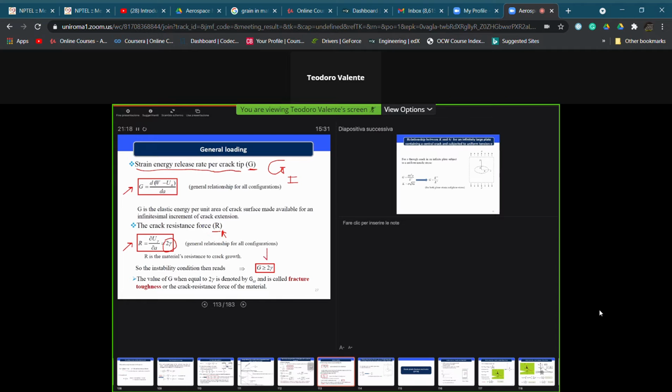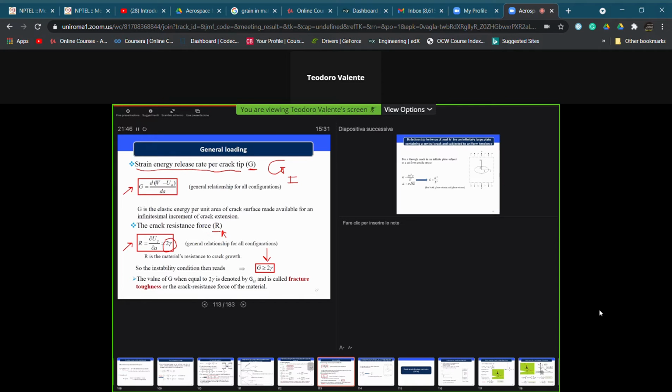And usually in the Griffith approach, the instability condition, that is the possibility of crack propagation, is also stated very quickly by writing that the strain energy release rate must be higher than or at least equal to 2 times the surface energy of the material itself.